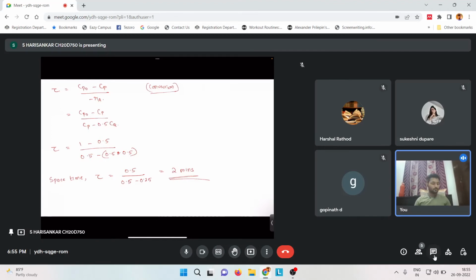So basically what we did here is we first found out the actual conversion by using the equilibrium conversion. And once we found out the actual conversion, it is just a straightforward mechanism. We just had to substitute all these values in the design equation for CSTR, because we are using a CSTR here, and solve that to find the space time, which is 2 minutes.